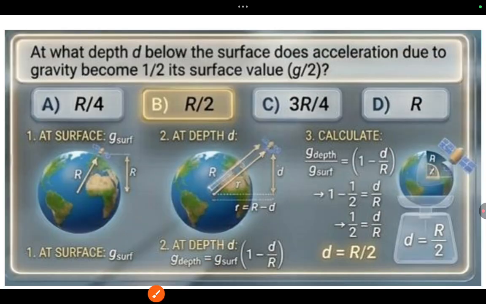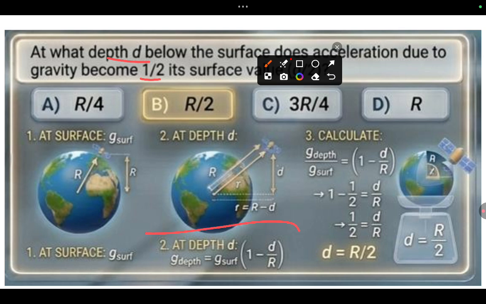Now, at what depth d below the surface does acceleration due to gravity become 1 by 2 of its surface value, g by 2? As we know, g at depth is g times 1 minus d by r. This is the depth formula.